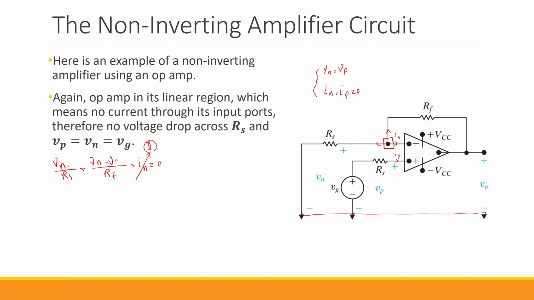So now based on this, let's write down the equation that shows the relationship between Vn and Vo. We have 1 over Rs plus 1 over Rf multiplied by Vn equals 1 over Rf Vo, right? This is the direct relationship, if I rearrange it.